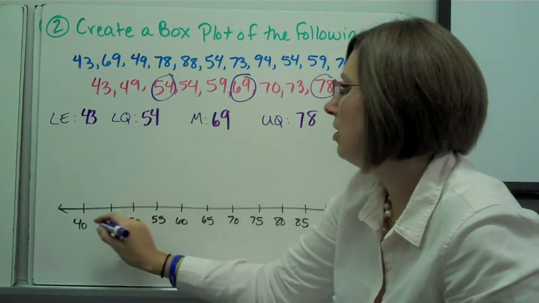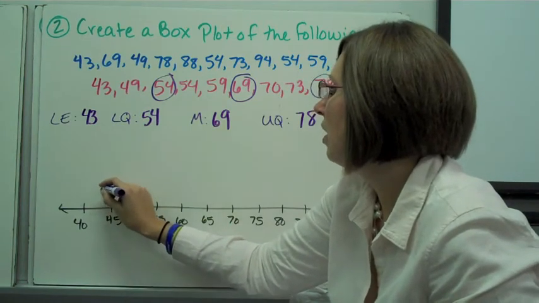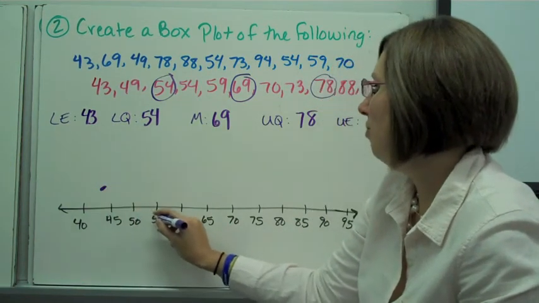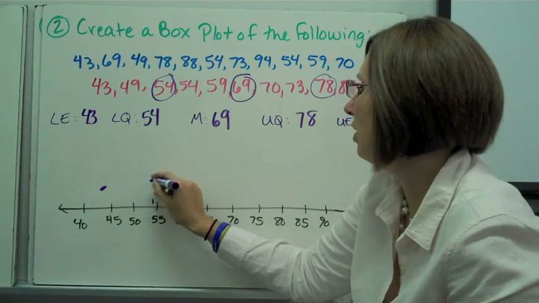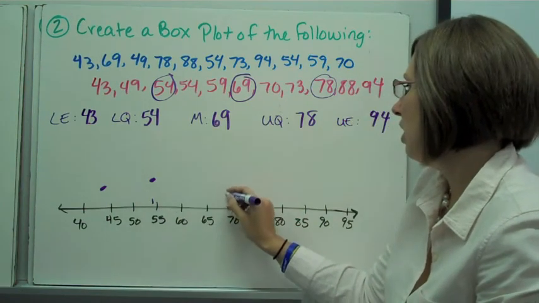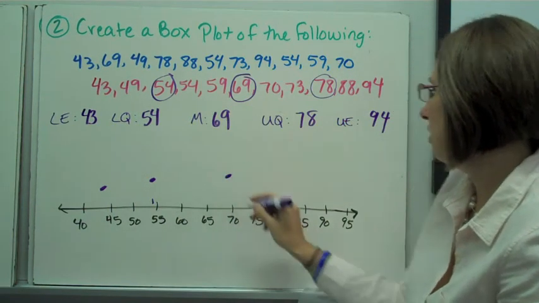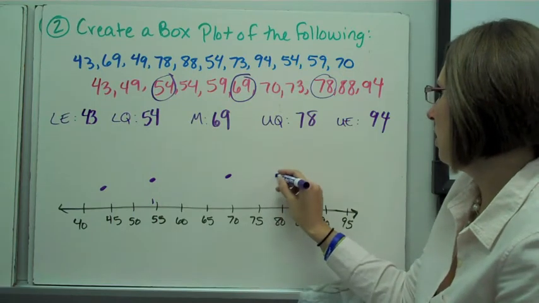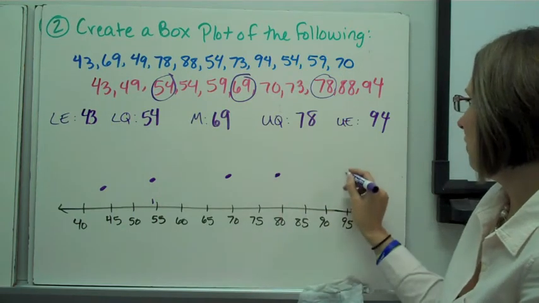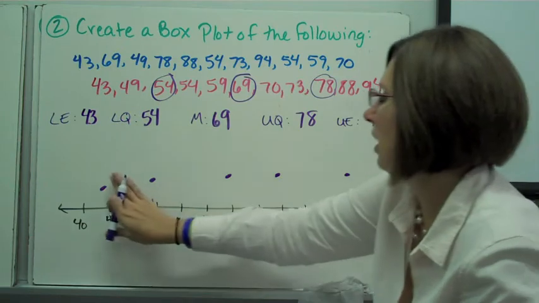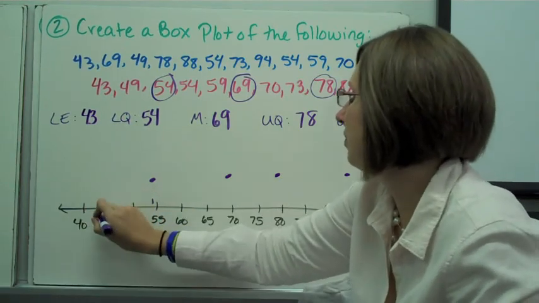Once you have those, you want to plot them on your number line about where they're going to be to the best of your ability. Okay, looks like I got to make this one a little bit higher.